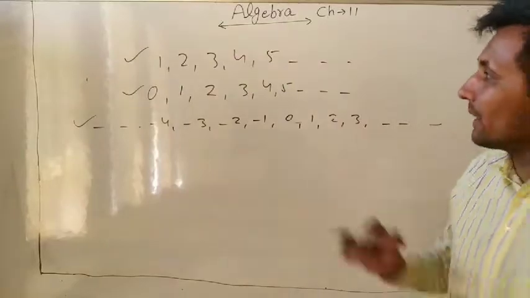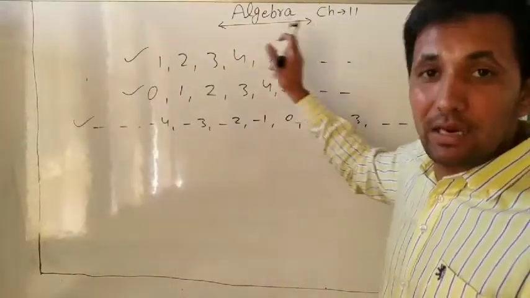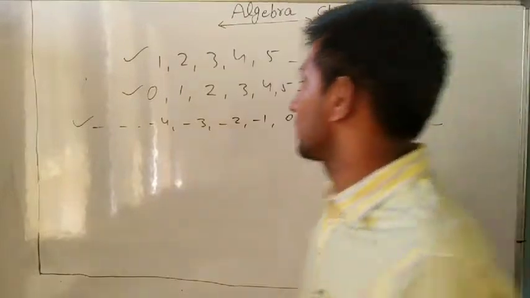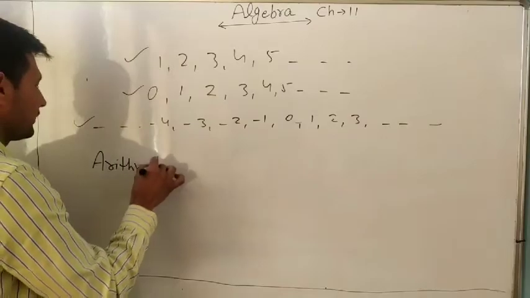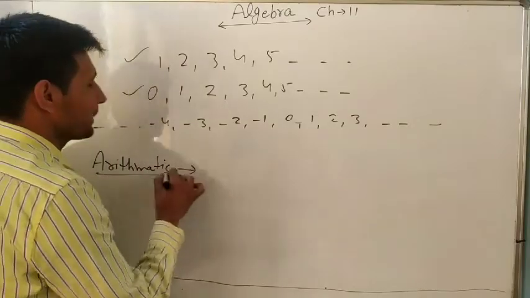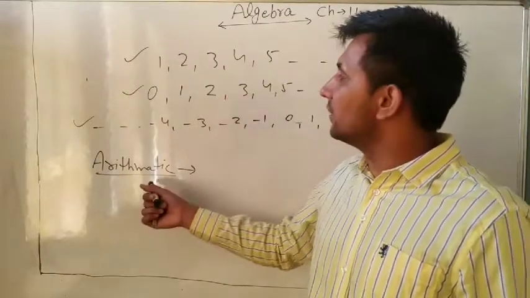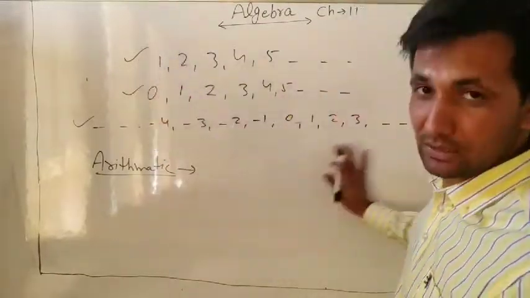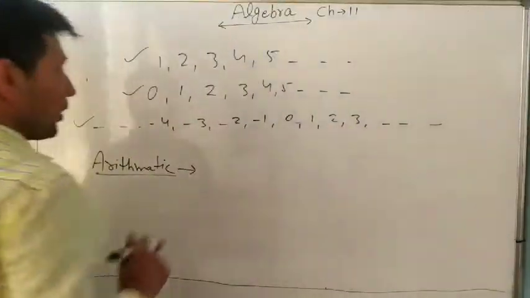If in mathematics we study about numbers, it is called arithmetic. Arithmetic is a branch of mathematics in which we study about numbers. Same as that, there is one more branch of mathematics.